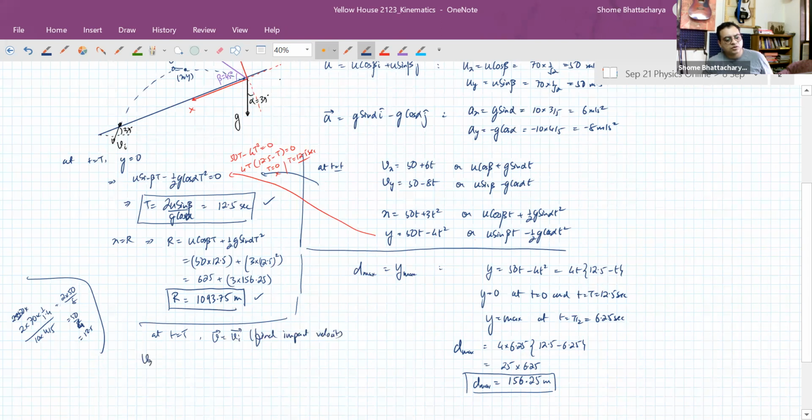So your x component will become 50 plus 6 into 6.25, and your Vy will become 50 minus 8 into 6.25. And your impact speed will become square root of Vx square plus Vy square. To save some time, I'm not doing the calculation, but just understand this is how you'll find it.